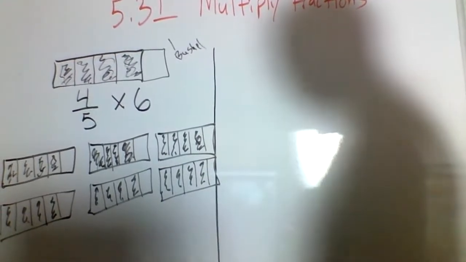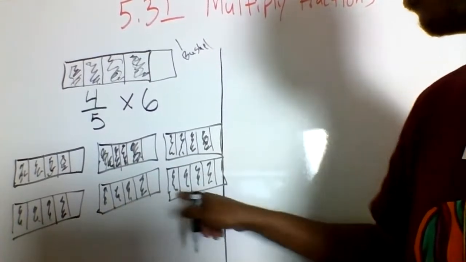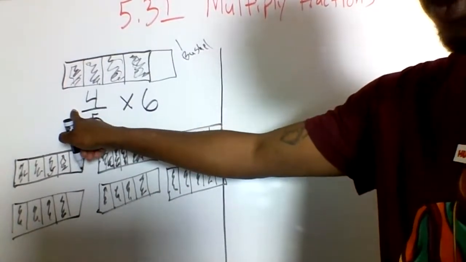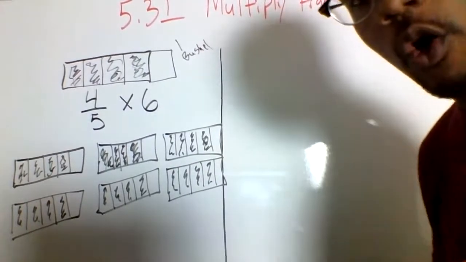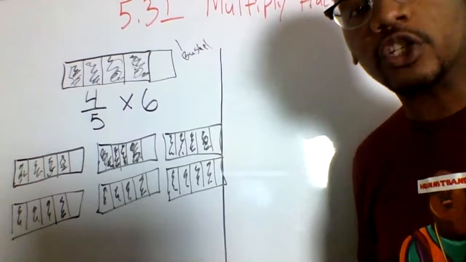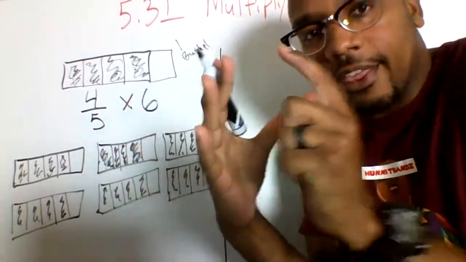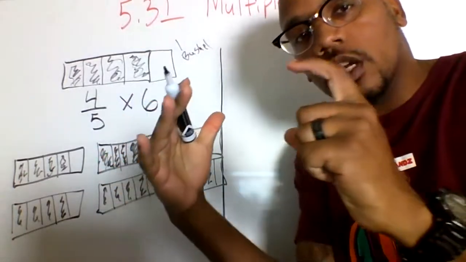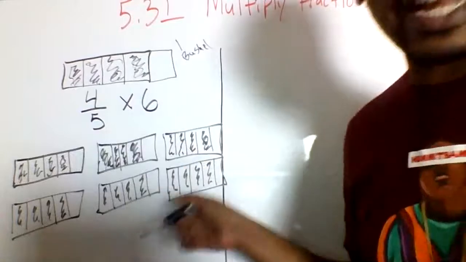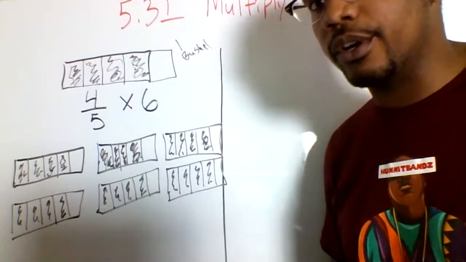All right. Now I see 4/5, 4/5, 4/5, 4/5, 4/5, 4/5. Basically, I see 4/5 6 times. Now, in order to solve it in picture form, you got to put all the 4/5 together because multiplication is combining groups together. Right now, they're spaced apart, so you can't really see the real answer.